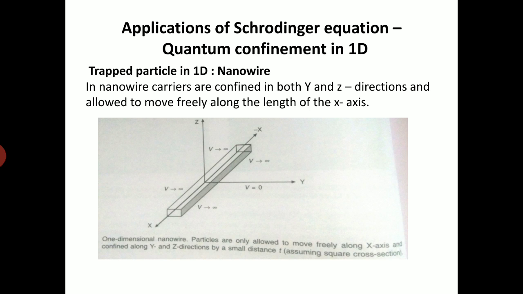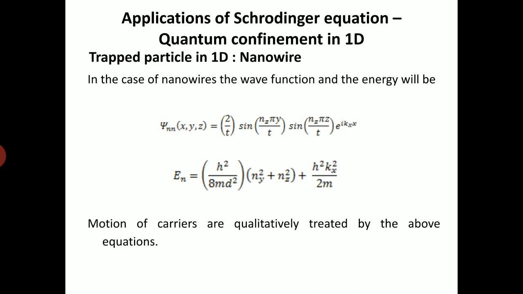In the case of nanowires, if we solve the Schrödinger wave equation by considering the particle trapped in one dimension, we get the wave function and also the energy eigenvalues.